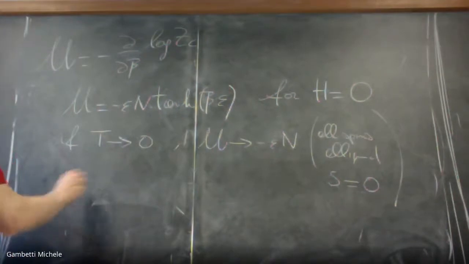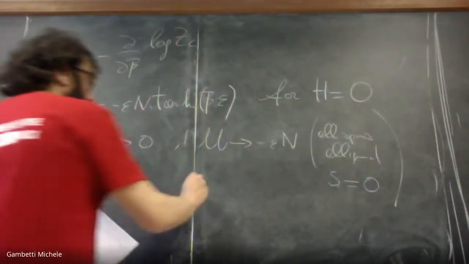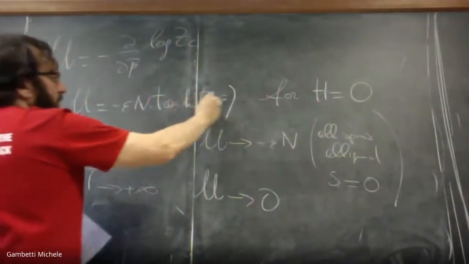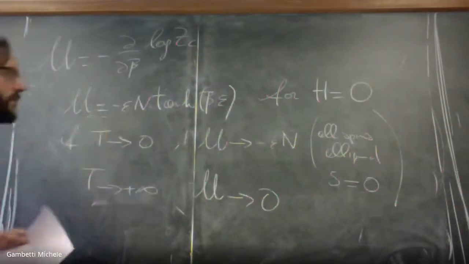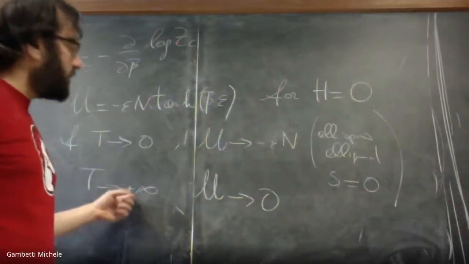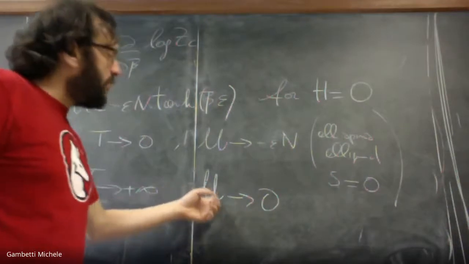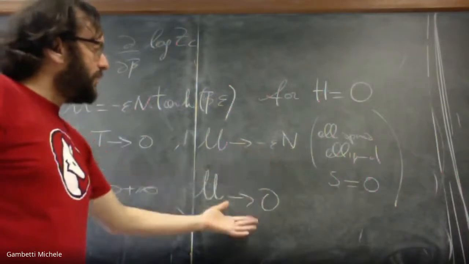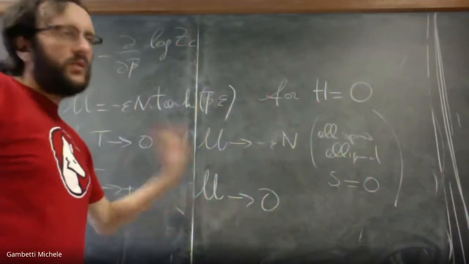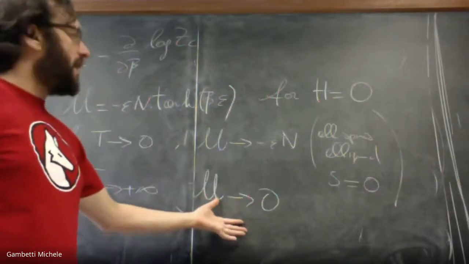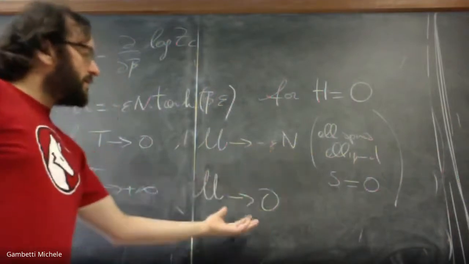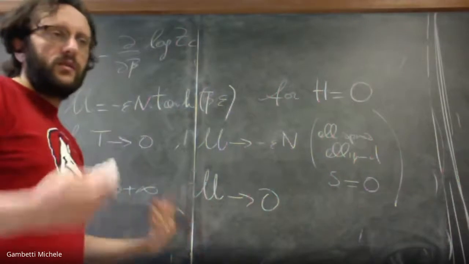Whereas what happens when t is going to infinity? Well, in this case, u approaches zero. T going to infinity, here you have the hyperbolic tangent of zero, that is zero. And of course, even if I pay a price in u, in the sense that here you have the minimum value of u and here you have u equals zero, in terms of Helmholtz free energy, here entropy is zero, so the free energy is just determined by this number, whereas here the free energy gains a lot in terms of entropy.